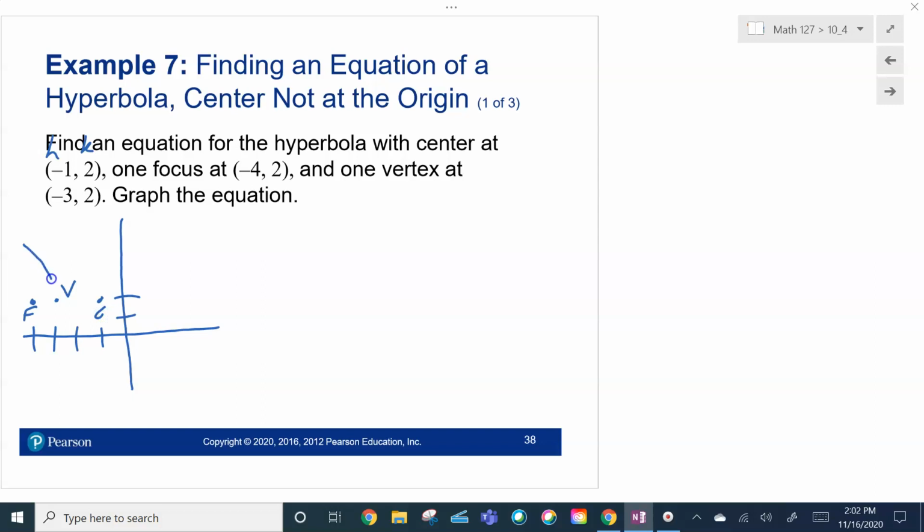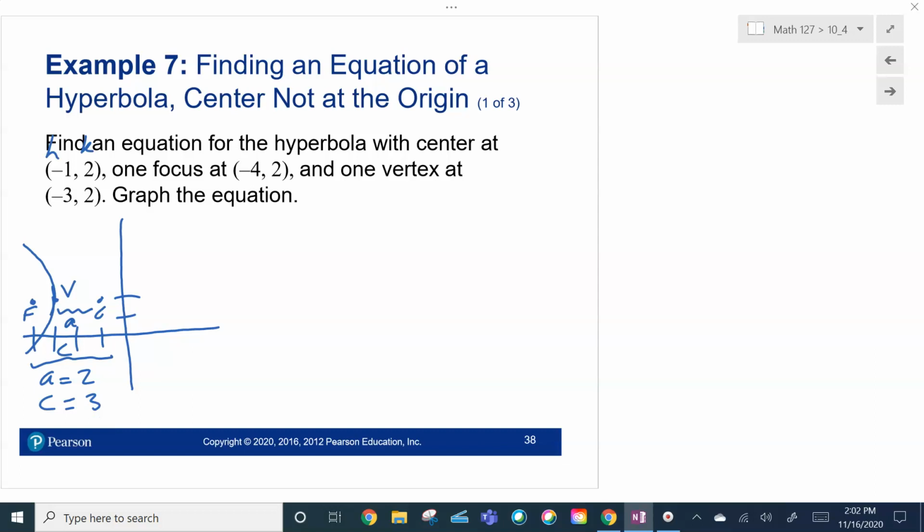So I know it wraps around. I don't know how wide it is, but it's going to wrap around. This is giving me the a distance. My a distance from the center to the vertex looks like it's 2 away. My c distance from the center to the focus looks like it's 3 away if I count it.